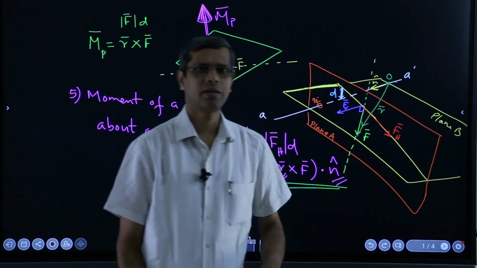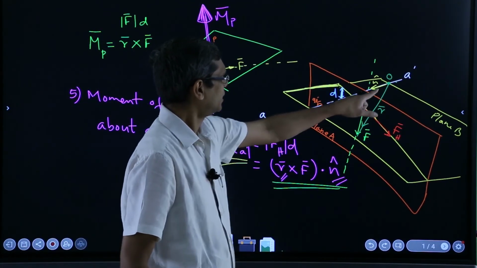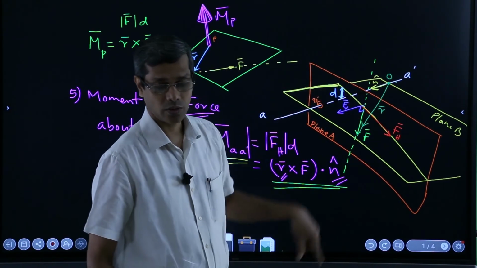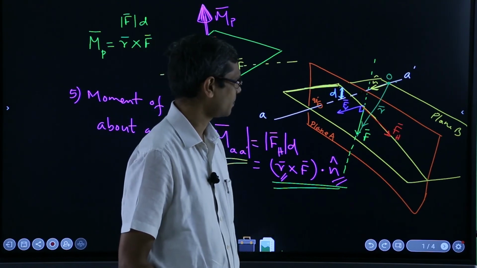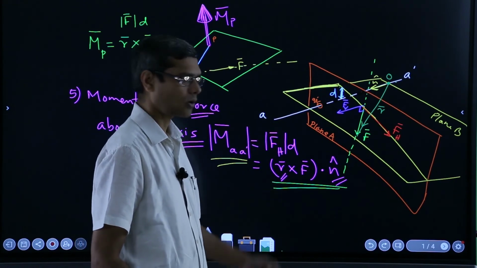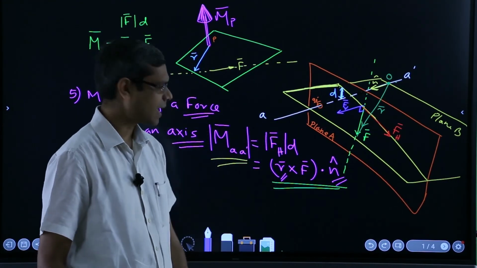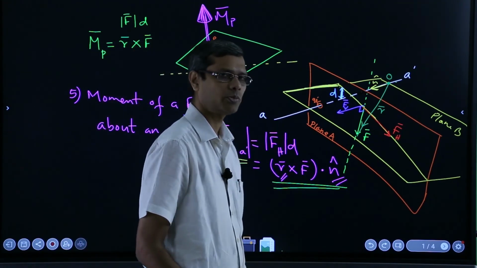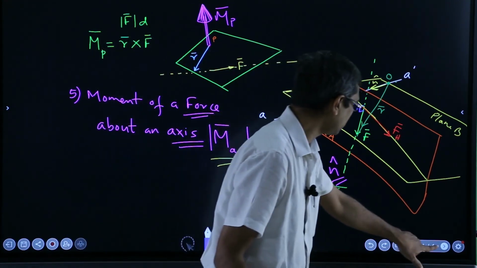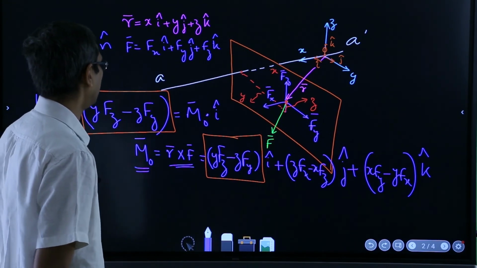Pick any convenient point on the axis, call it O. From there, draw a displacement vector to any convenient point again on the line of action of force F. Then do the cross product r cross F, then get the unit vector n in the direction of AA prime, then take the dot product of r cross F with n and you will get it. And this is how the derivation looks like.